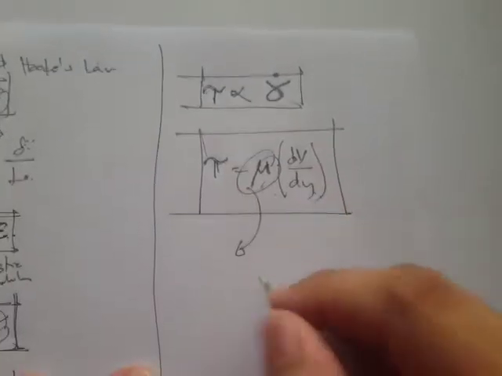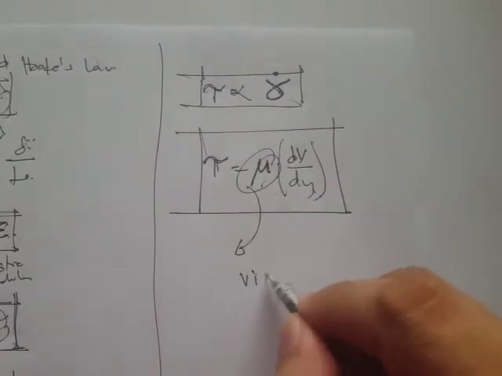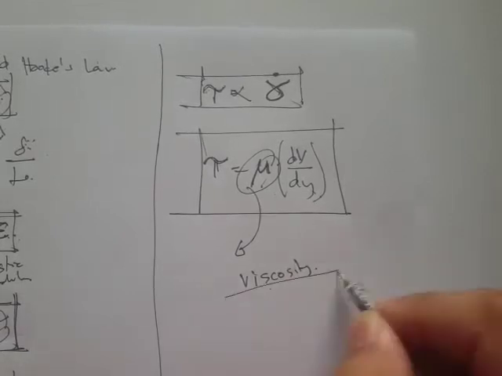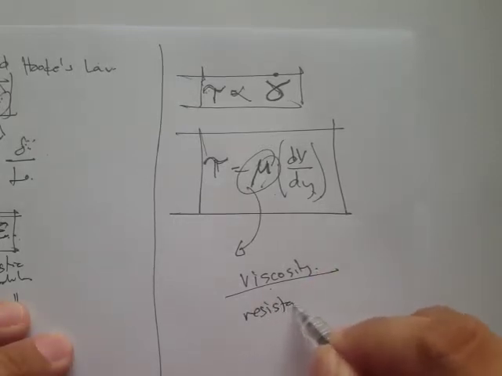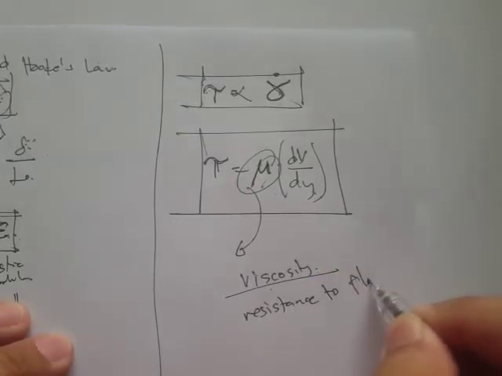and this proportionality constant is called viscosity. Right? And viscosity is basically a measure of resistance, resistance to flow.